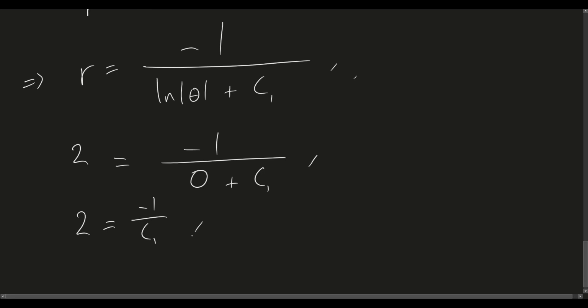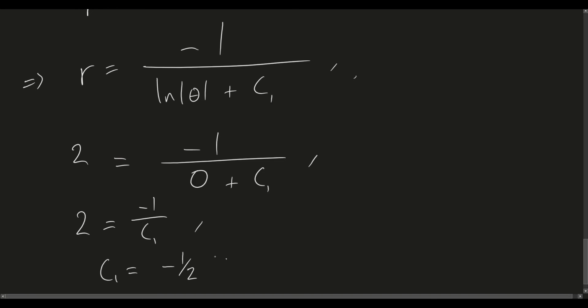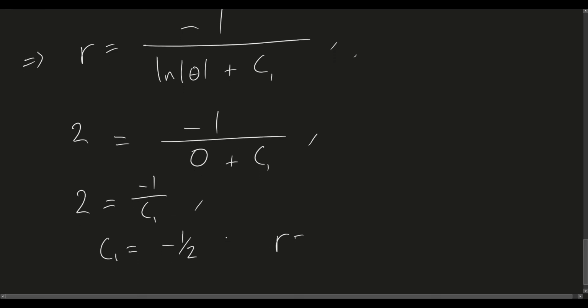And so we can solve this pretty quickly and have that c1 is equal to negative 1/2. Okay, excellent. And so now that we have our c1 term defined, all that's left for us to do is to go and quickly put that back into the original problem and rewrite it as r is equal to negative 1 over natural logarithm of theta minus 1/2.